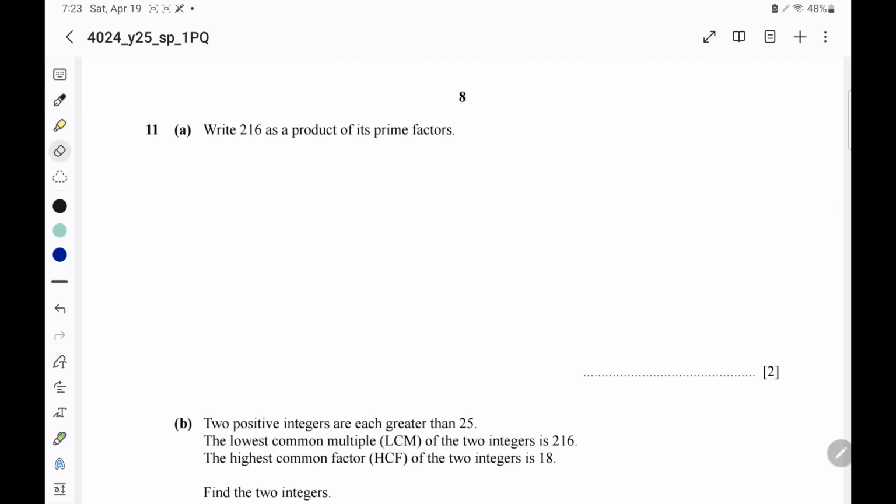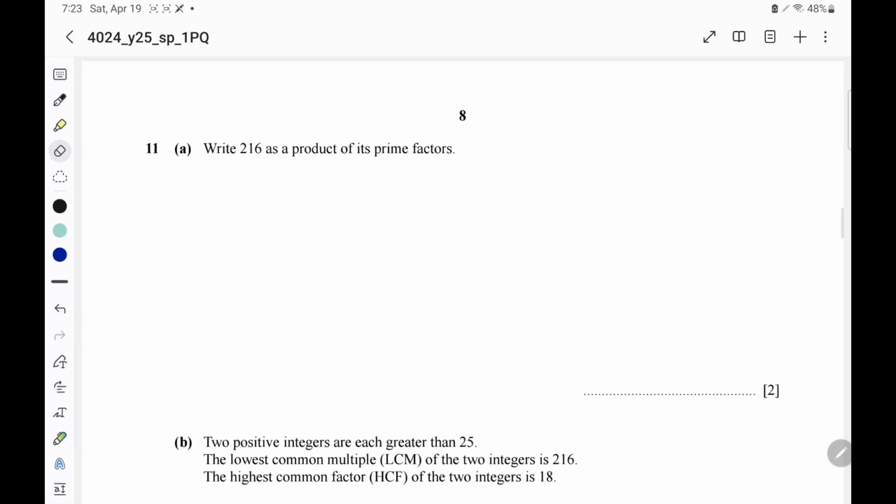Question number 11. Write 216 as the product of its prime factors. So just find out. 216, take the 2 times table. 2 ones are 2, 108, 2 8s are 16. Again take the 2 times table.